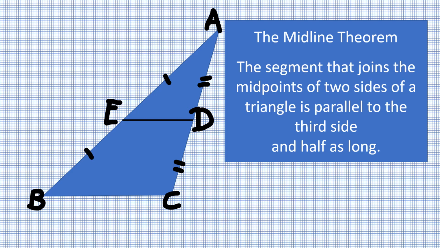So based on the given figure, we have triangle ABC and a line segment DE. This line segment DE serves as our midline. Midline DE is parallel to our side BC. The measure of our midline DE is half of the measure of side BC.